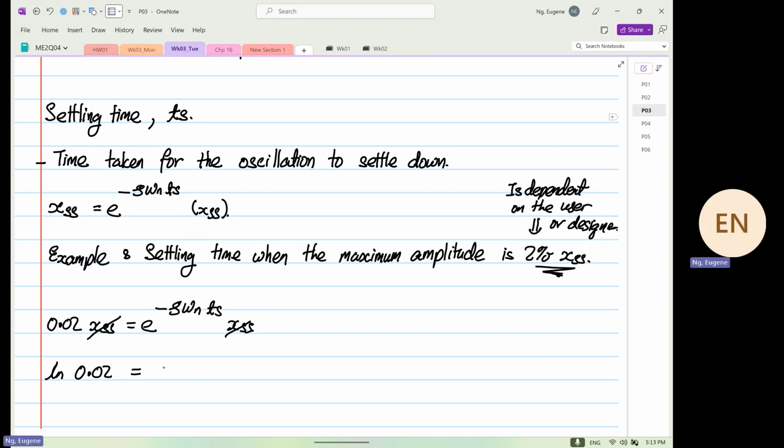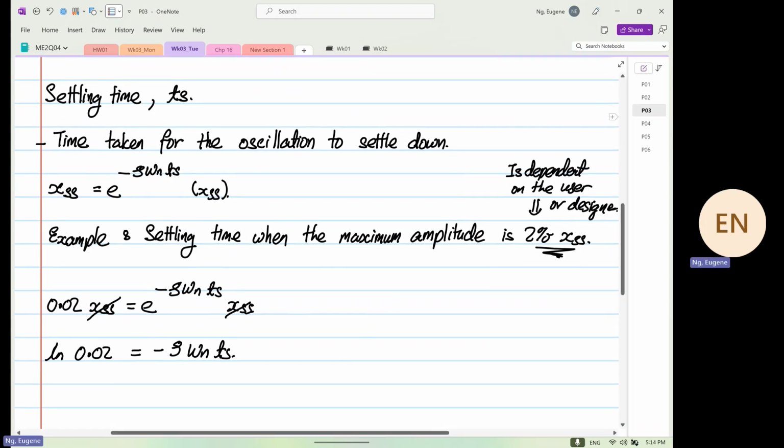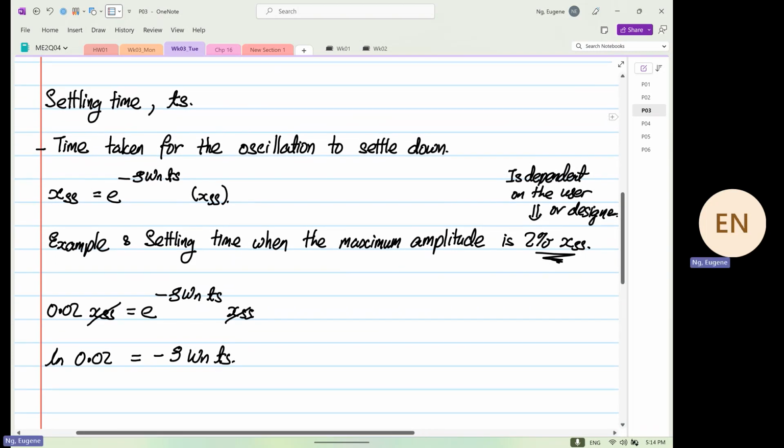So this will be equal to minus zeta omega n Ts. The natural log of 0.02 is minus 3.912.